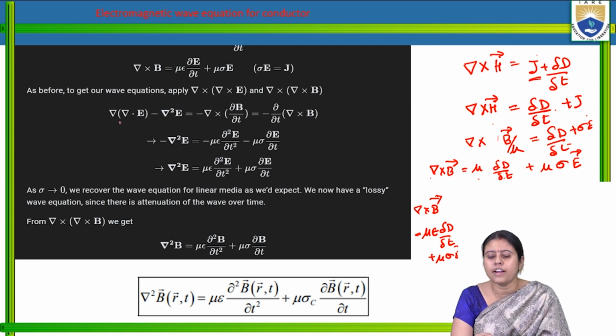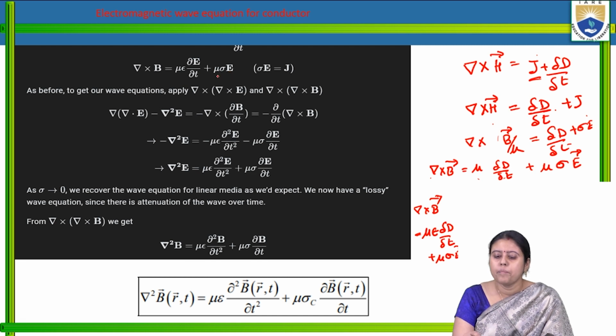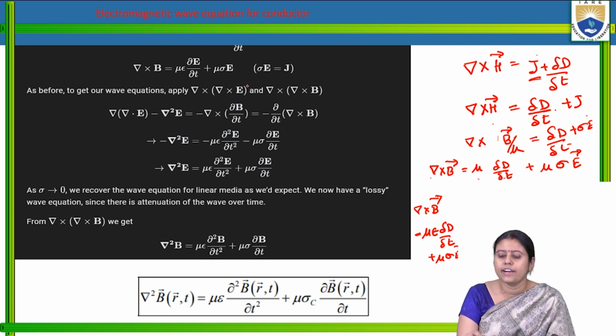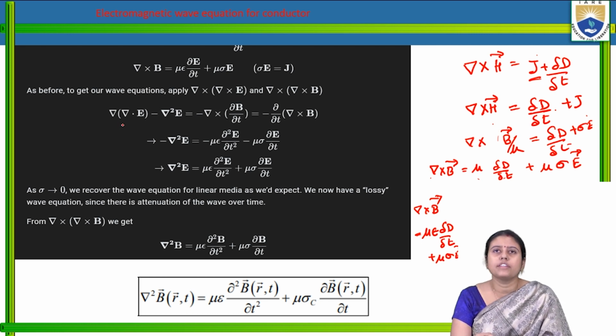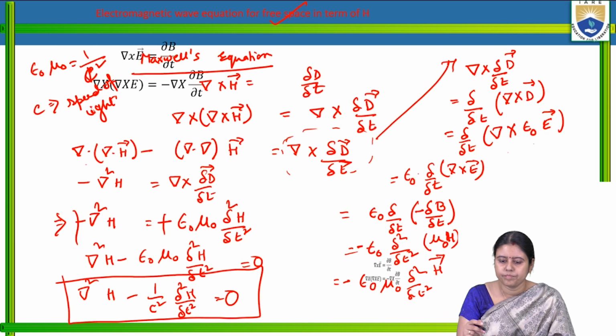So we get curl B is equal to mu epsilon del E by del t plus mu sigma into E. Now, as before, we take the curl on both sides, and we will get grad dot grad E minus grad dot grad E, just like the previous session.